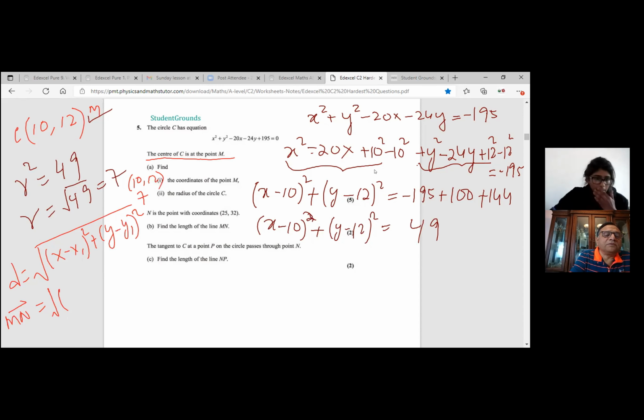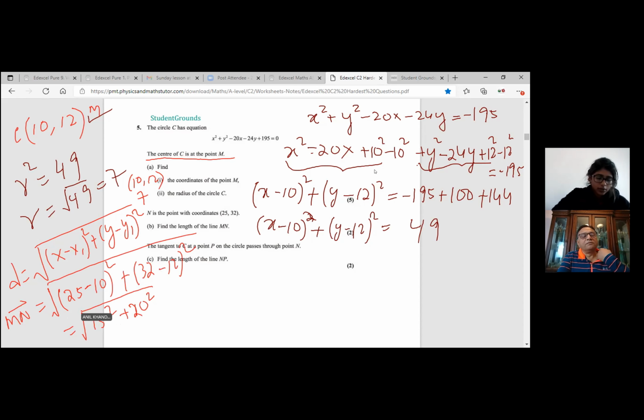So 25 is the x value minus 10 whole square plus 32 is the y value minus 12 whole square. Correct? So we have 15 square plus 20 square. So square root of 625, which is 25. So we get this distance as 25. Correct. So we've done this part.